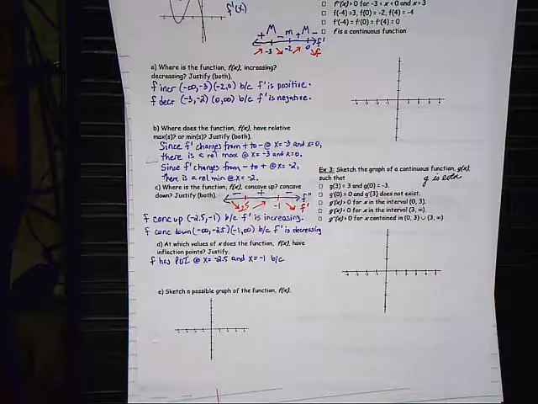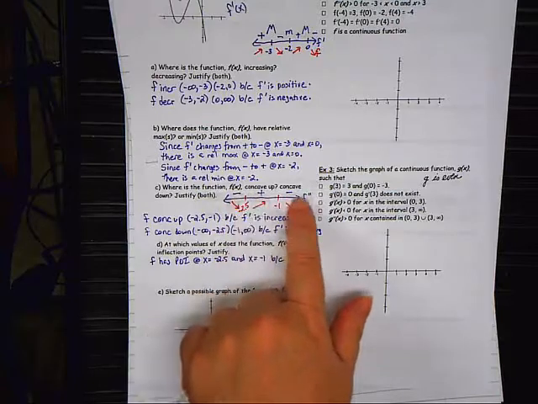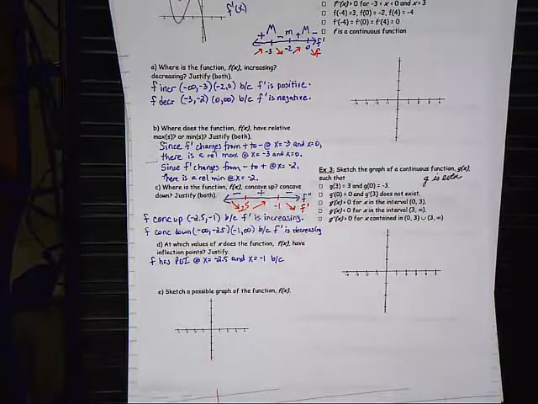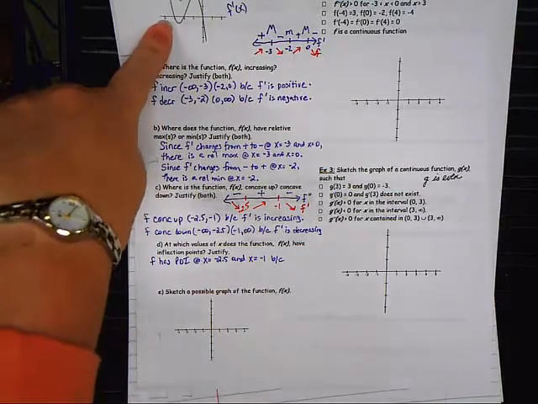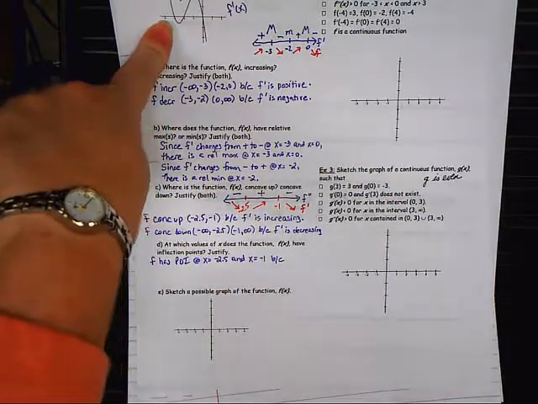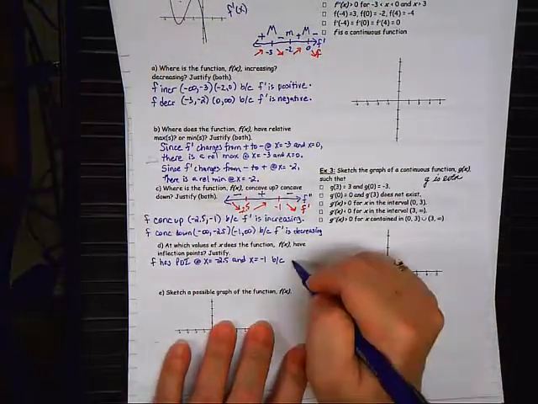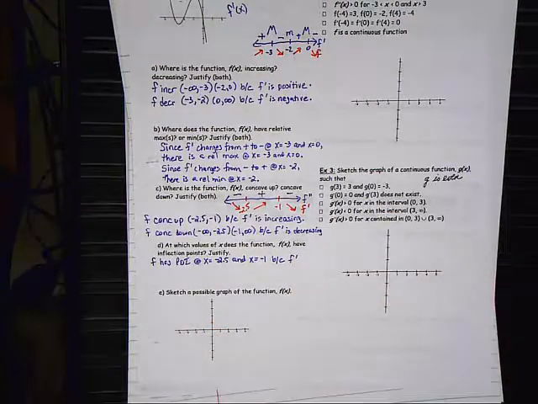Now, when I taught you points of inflection, I told you that it was because the F double prime number line changes sign. But I told you today, because I started out with F prime, I can't use F double prime in a justification. I have to say something about F prime. What is F prime doing that causes the points of inflection to occur?